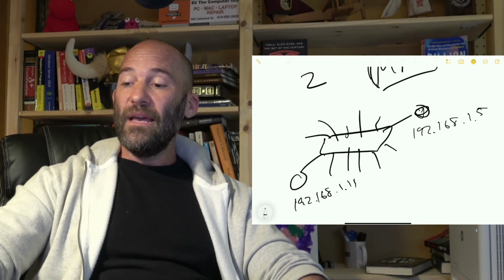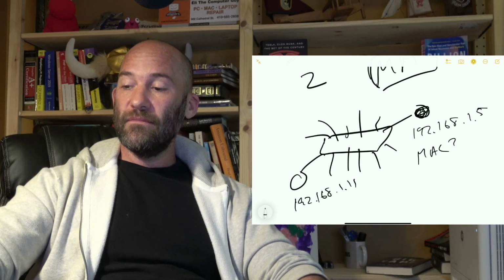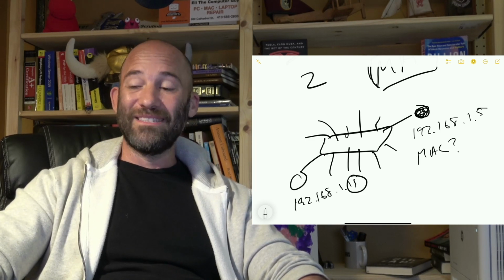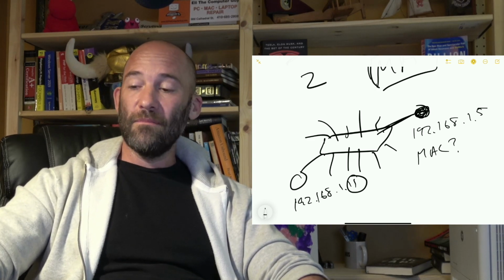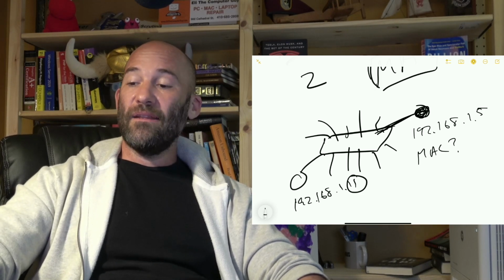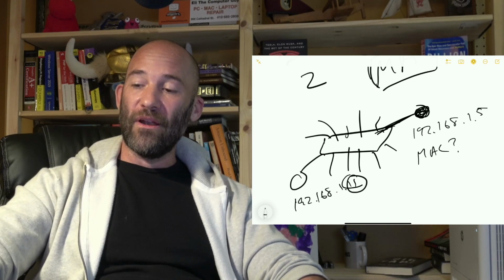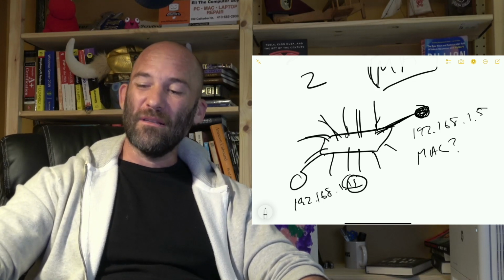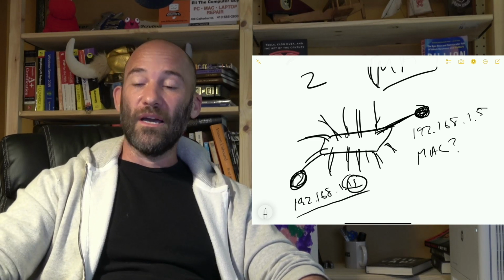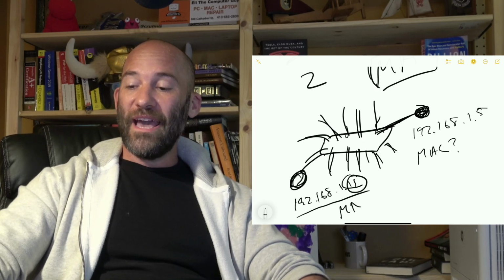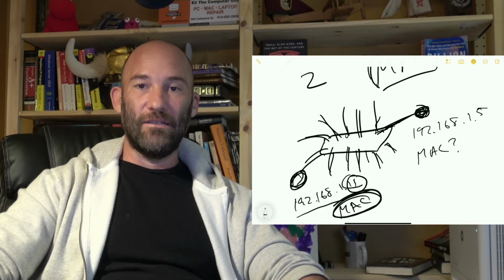If this computer does not know what the MAC address is for 192.168.1.11, basically this computer is going to send communication into the switch, and it's going to essentially say, hey, who is 192.168.1.11? That communication will go out essentially, more or less, every single port in the switch. And then the computer that is 192.168.1.11 will say, hey, that's me, and this is my MAC address.